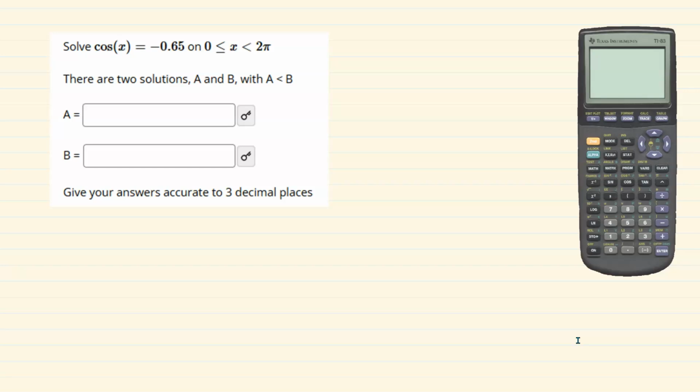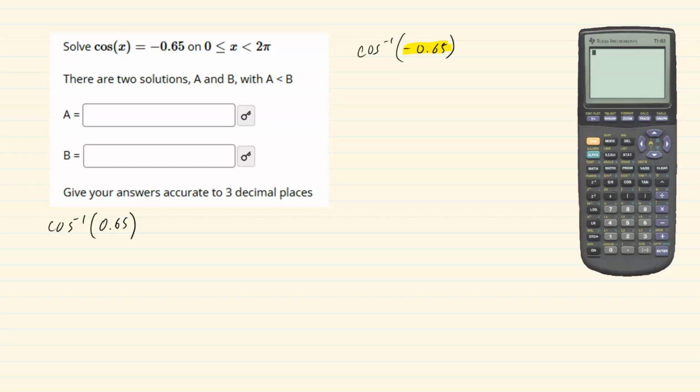Okay, so you might be tempted right off to solve for x to simply just go inverse cosine of negative 0.65. But we don't actually want to use the negative 0.65. We're going to want to find the inverse cosine of positive 0.65.